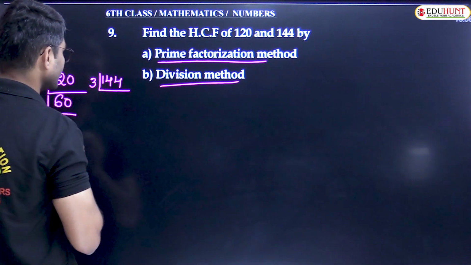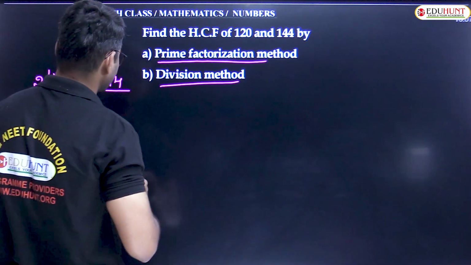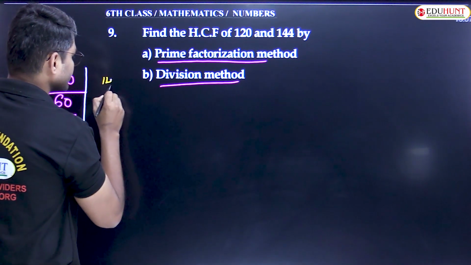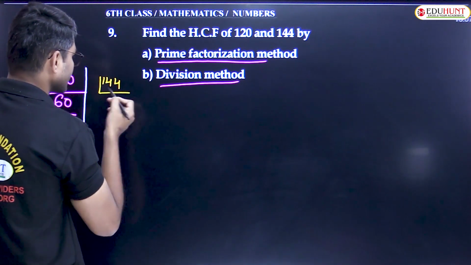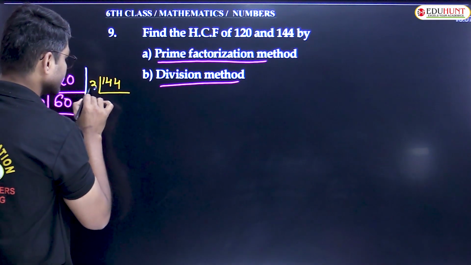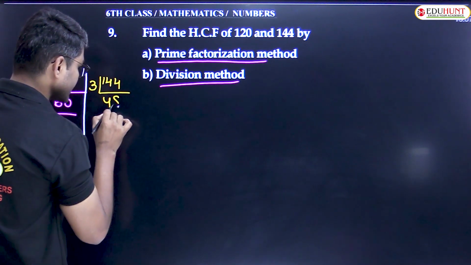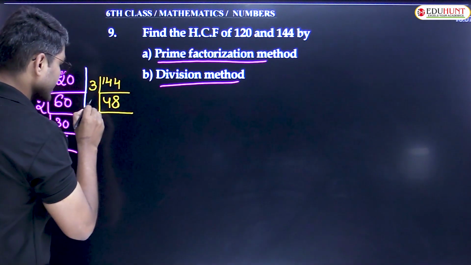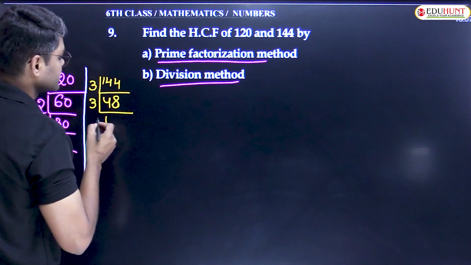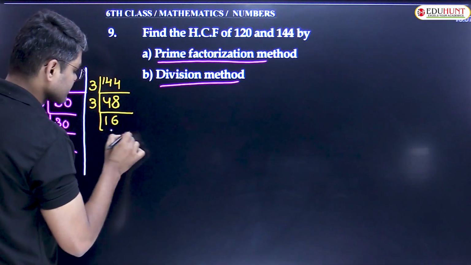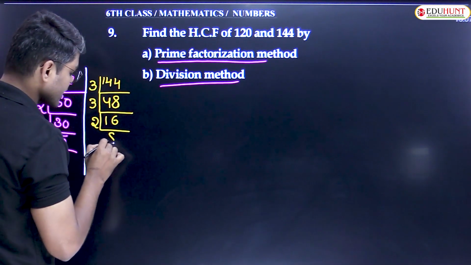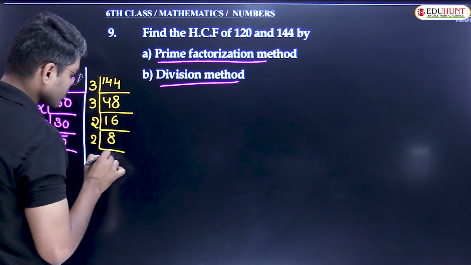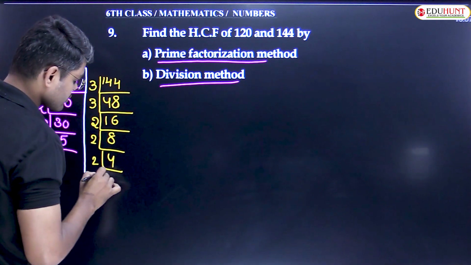For 144, in the 3 table we can do 3 4s 12, 3 8s 24. And again 3 table, 3 1s 3, 3 6s 18. 2 table, 2 8s and 2 4s, 2 2s.